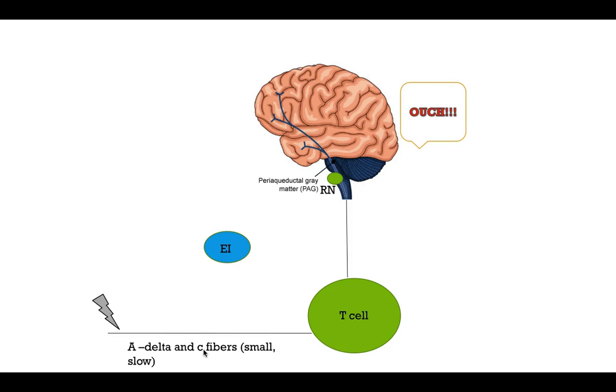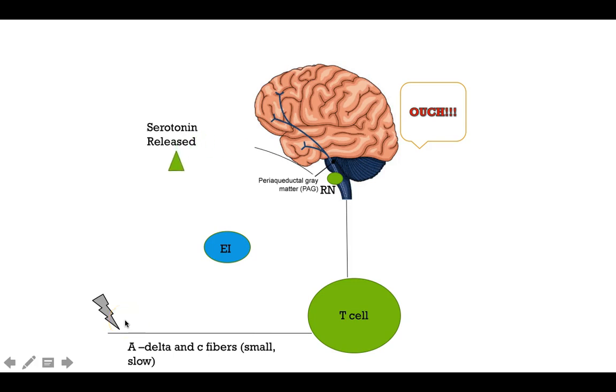What central biasing is saying is, let's stimulate that more and more. So think about more and more of these same lightning bolts coming at the A delta and C fibers. Specifically, again, we're really trying to target those C fibers in this case, but the A deltas are just kind of along for the ride.